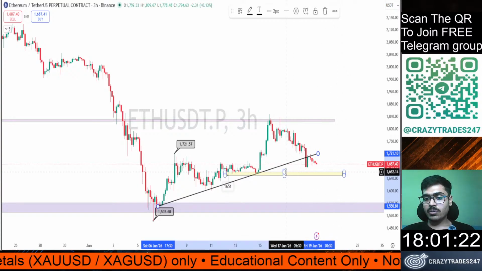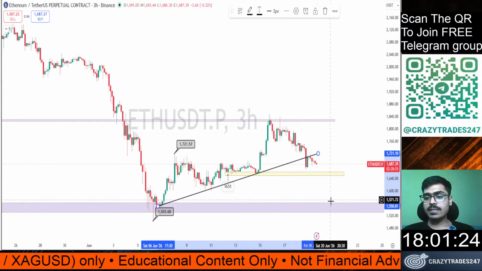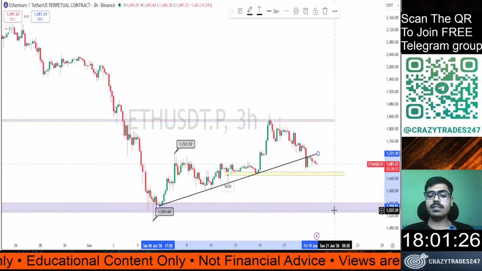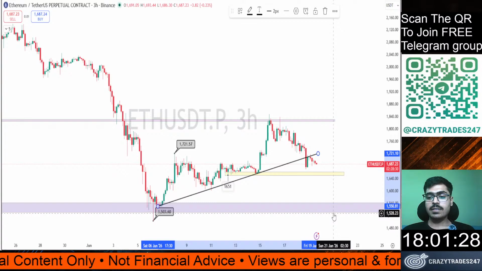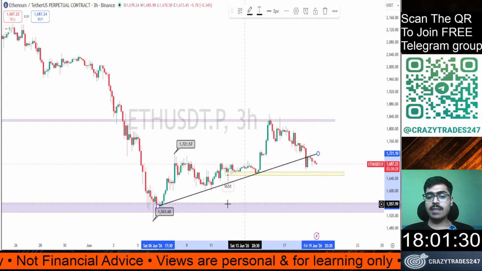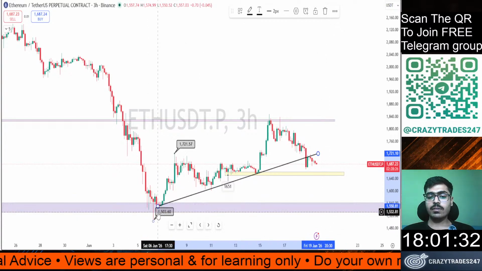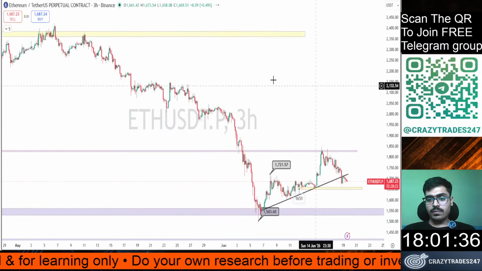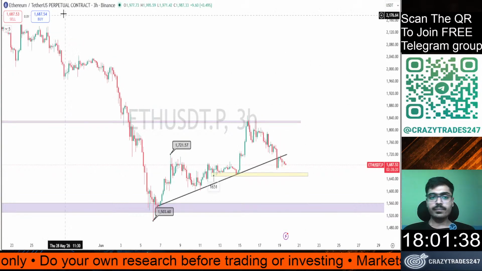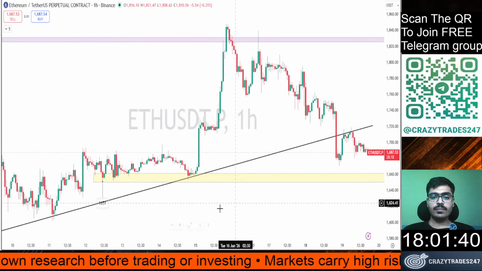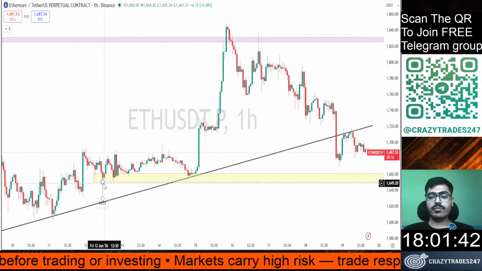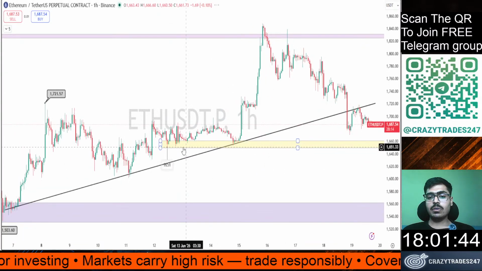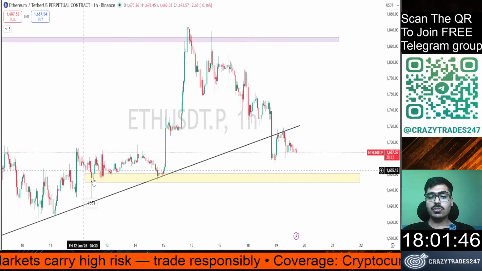If price breaks below this level of 1650, then we might see Ethereum retesting 1500 levels, as it did earlier during 5th or 6th June. Below this 1650 level would be a good short entry point.